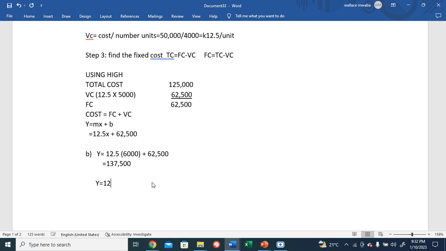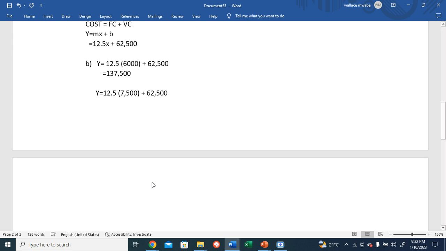And if we produce 7,500 units, we substitute x with 7,500. 12.5 times 7,500 is 93,750, and we add that to 62,500.